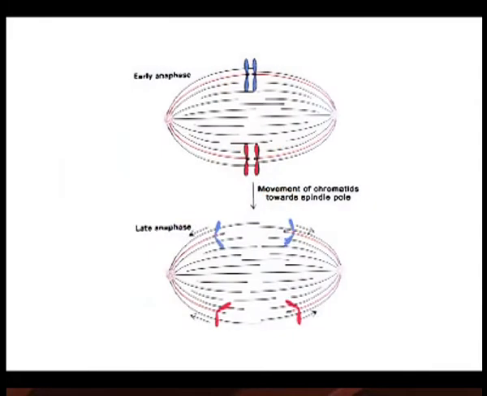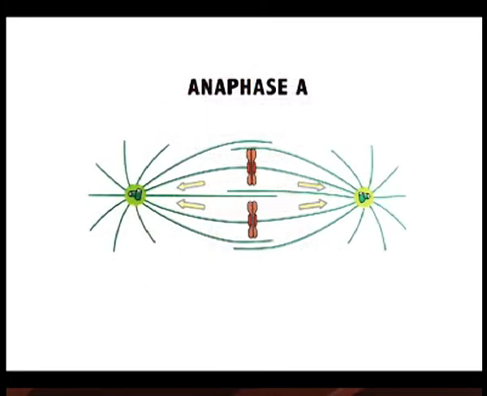Now, the sister chromatids are separated from each other, and each chromatid migrates to its opposite pole. The chromosomes move by two independent and overlapping processes. The first, called anaphase A, is the initial poleward movement of the chromosome, accompanied by shortening of the kinetochore microtubules at their attachment to the chromosome, and to a lesser extent by the depolymerization of spindle microtubules at the two spindle poles.